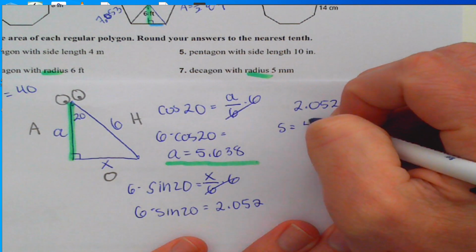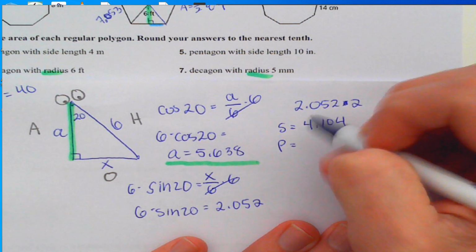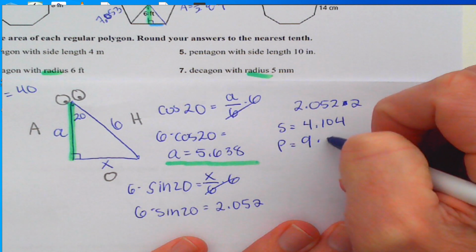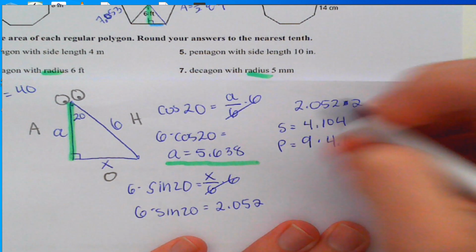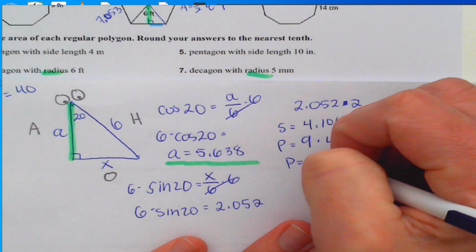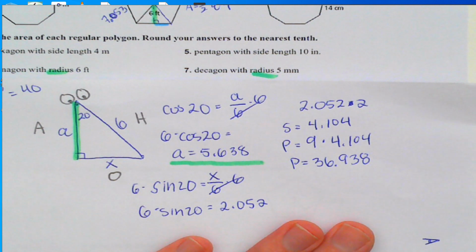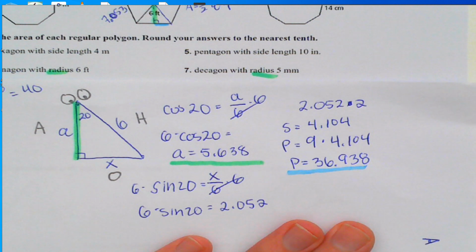So that's 4.104, and then my perimeter is going to be 9 sides, because it's a nonagon, 9 times the side length. And so my perimeter is 36.938. And so there's the perimeter that goes all the way around my shape.